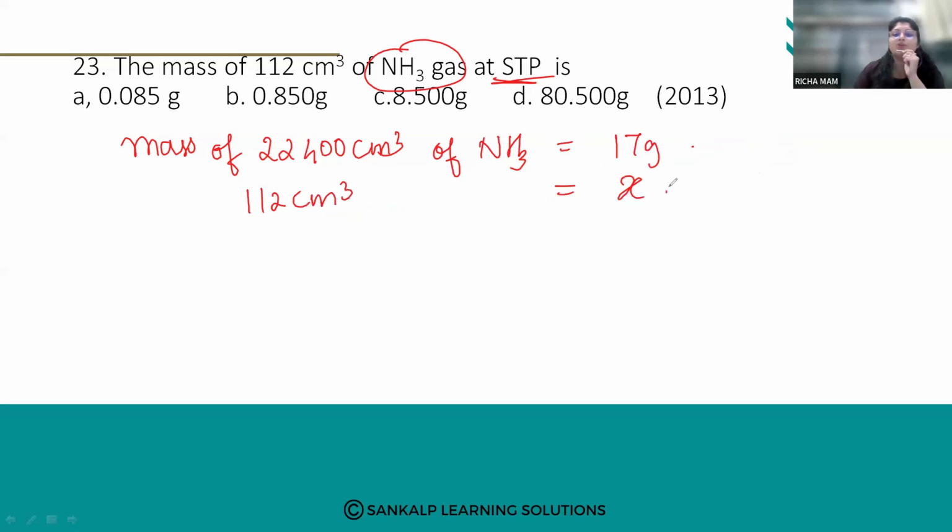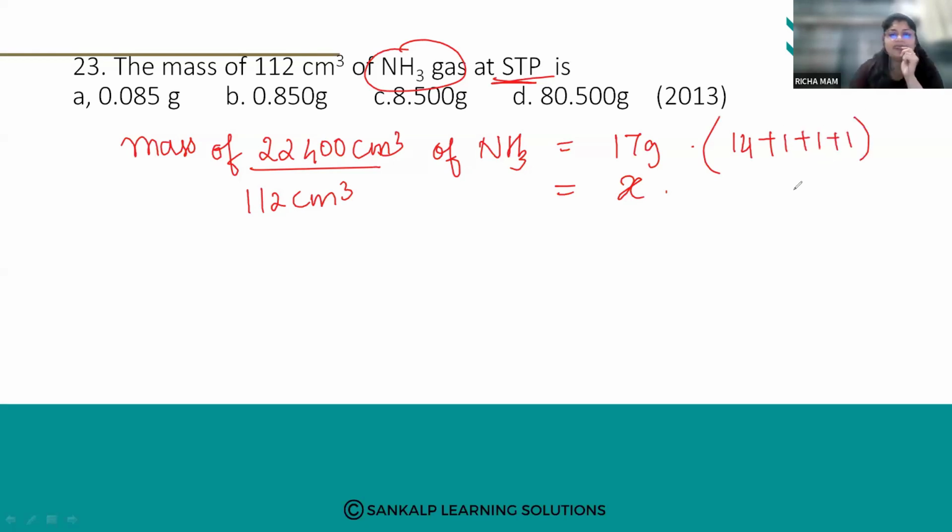So we have to cross multiply. Whenever we are taking standard temperature pressure, we have to calculate with respect to 22,400. So the mass of 22,400 cm cube of NH3 is 17 grams. How did we get 17 grams? Nitrogen is 14, each hydrogen is 1.